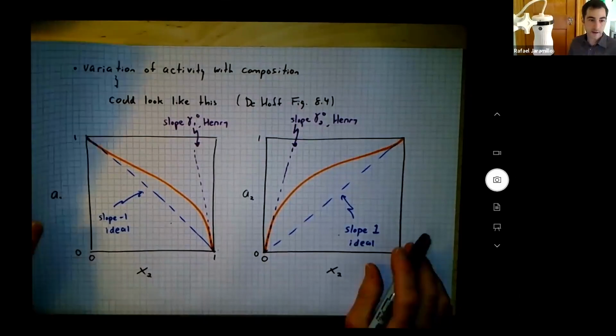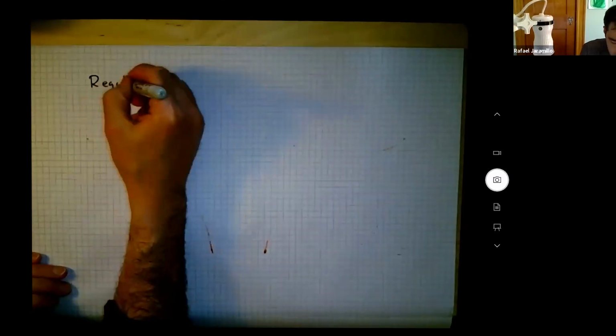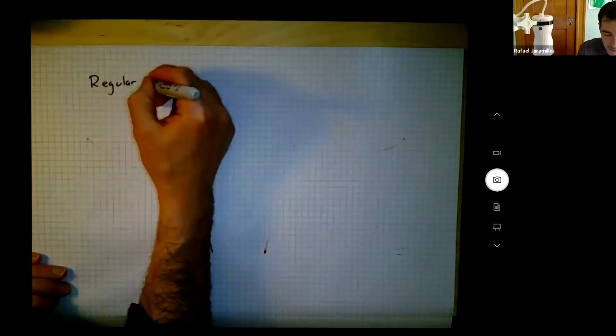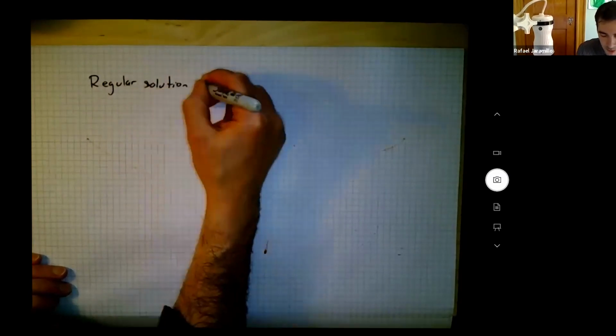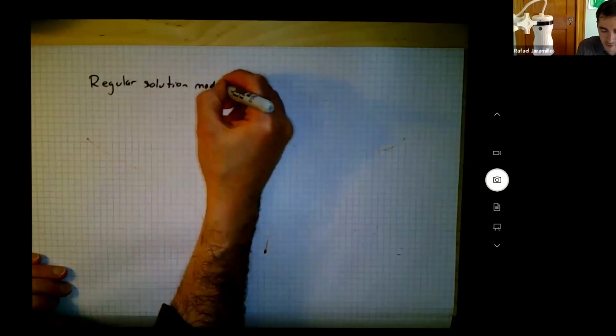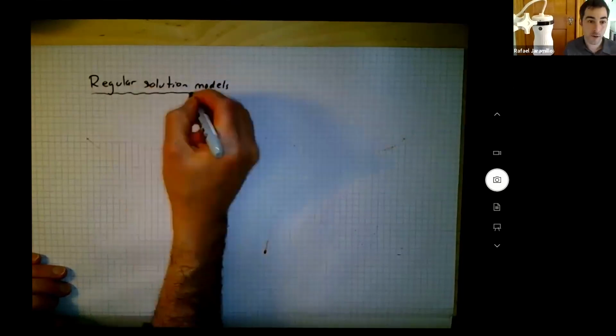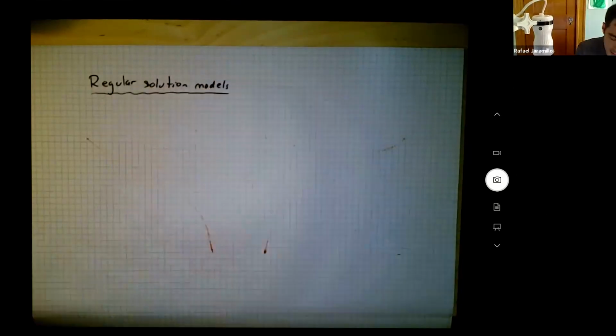There is another type of solution modeling which is much more useful for O2O, and those are called regular solution models. So these are models that we're going to spend the next couple of lectures on, at least the lectures that are new material, and you spend more time on the PSETs on. So regular solution models are like this.